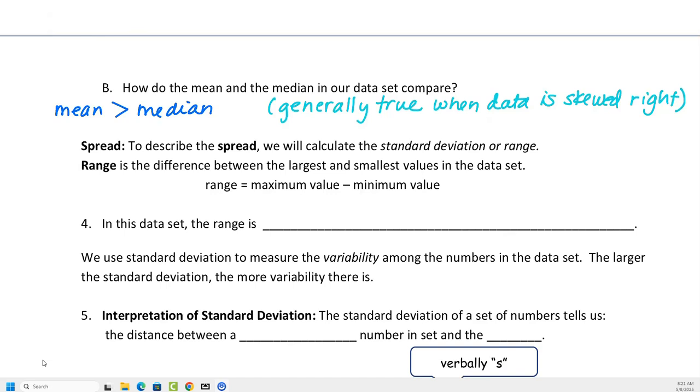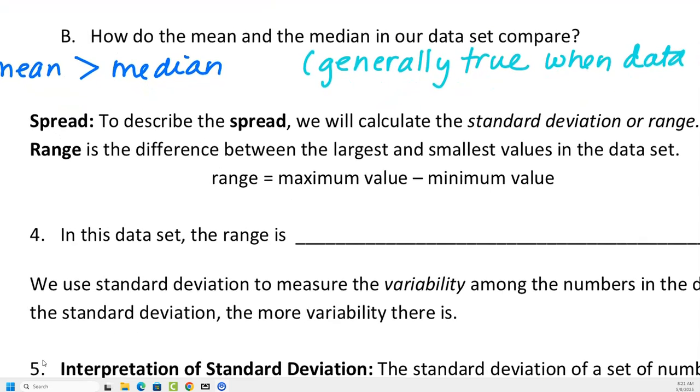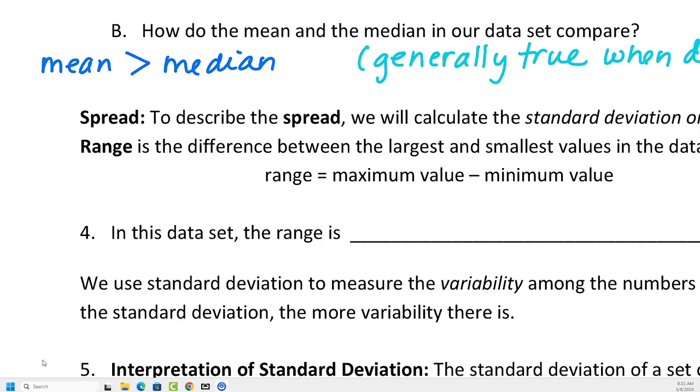Now, take a minute and think about this. This is actually a really good question. I'm going to put it here, and I'm going to write really small, so you don't have to necessarily write this question.